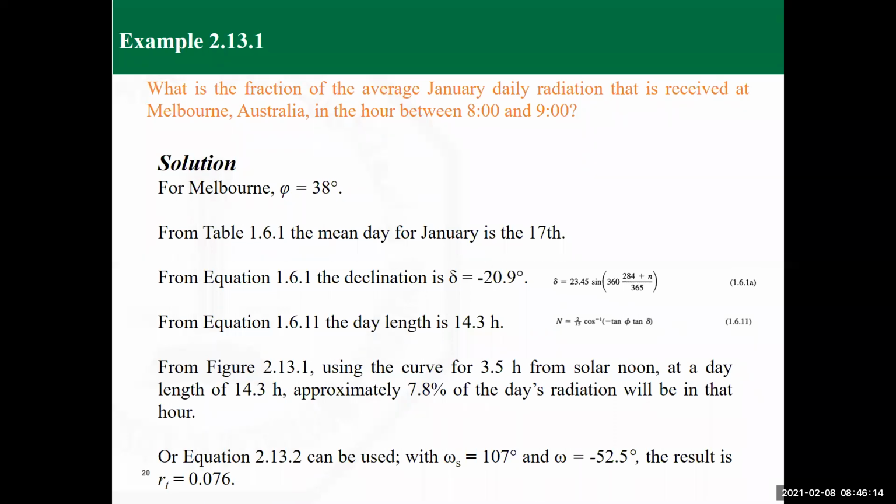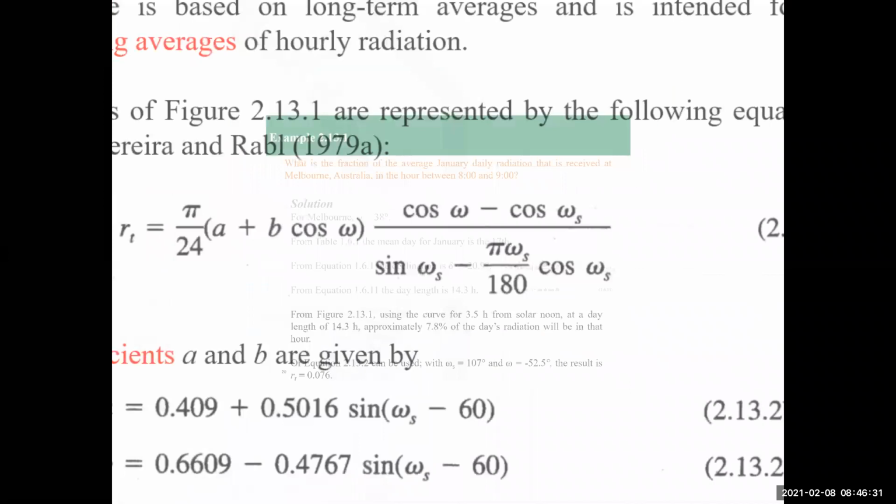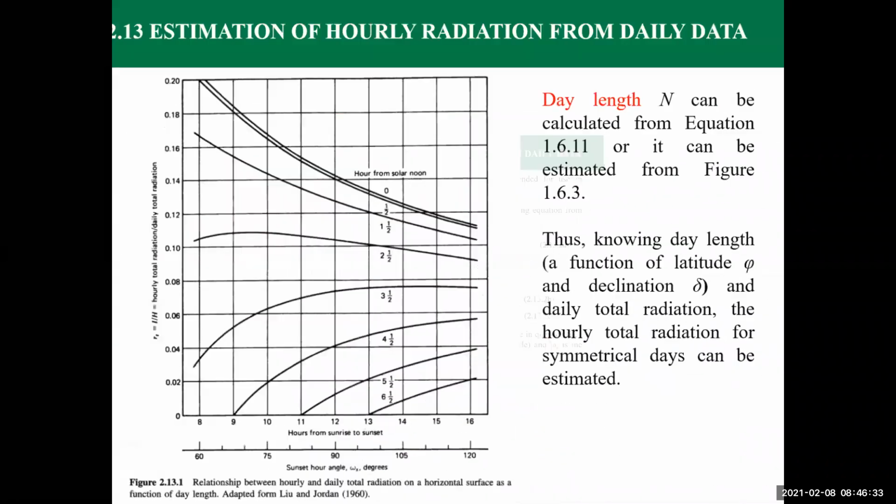Then for a day length of 14.3, figure 2.12a would provide us with a value of RT equal to 0.078, or 7.8% of the daily radiation will be in that specific hour. So this is basically the figure that we're looking for.